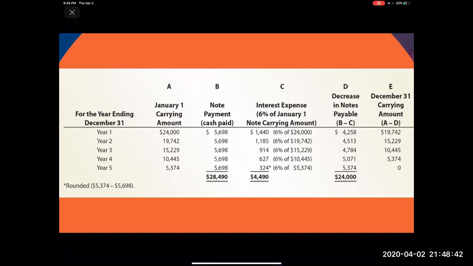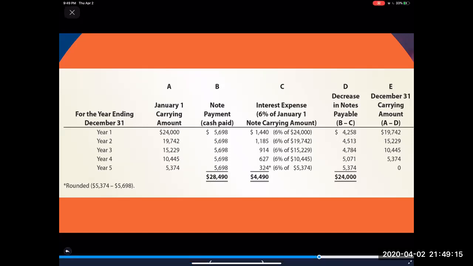But in year number 1, you pay the most interest because your balance is the highest. I've always heard that if you run into extra money, it's wise to make an extra payment toward principal. If you're paying down your principal balance or carrying amount a lot faster, they're charging you less interest, which means you can pay off your loan a lot quicker. That's what I really wanted you to get from that.